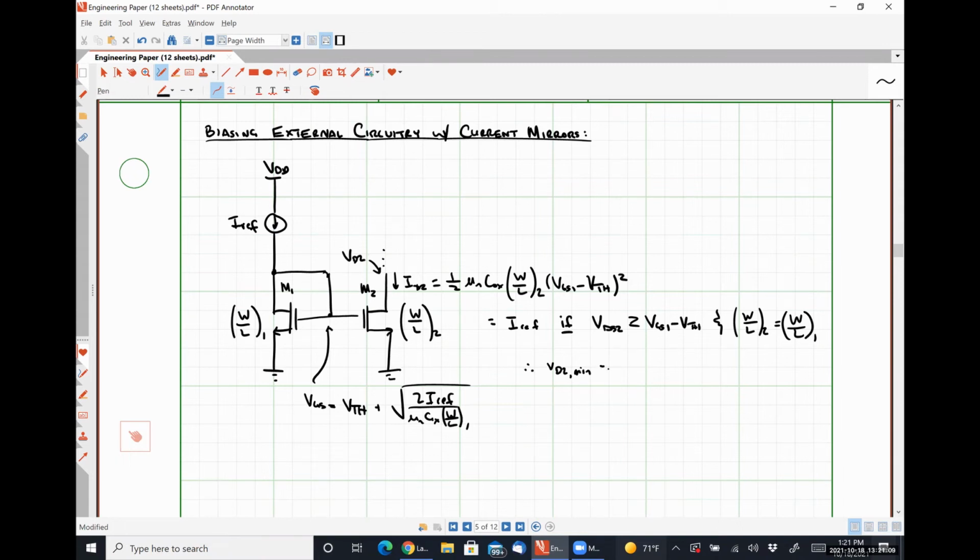Exactly right, Taylor. VGS1 minus VTH, okay? So if this transistor is in saturation and we connected something else to it, what it sees is effectively this. That current IREF, it's being forced to flow through it.